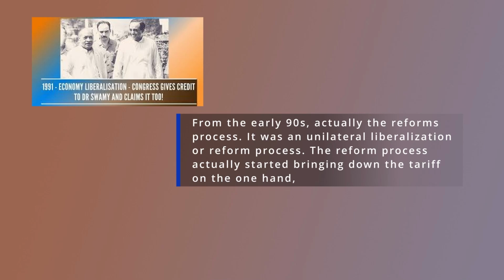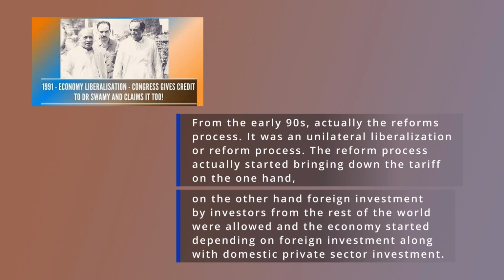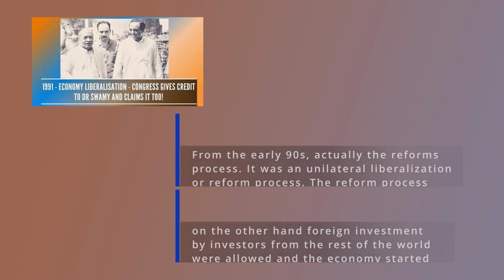The reform process started bringing down the tariff on the one hand. On the other hand, foreign investments by investors from the rest of the world were allowed, and the economy started depending on foreign investment along with domestic private sector investment.